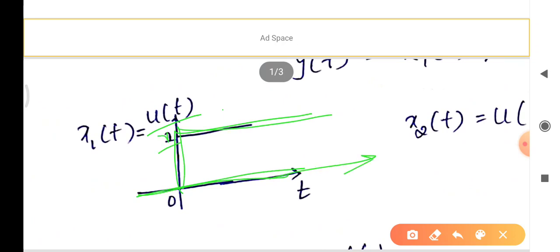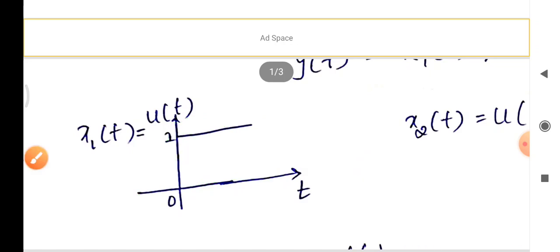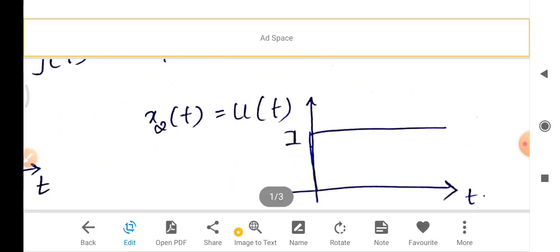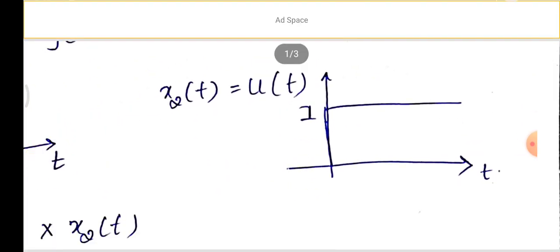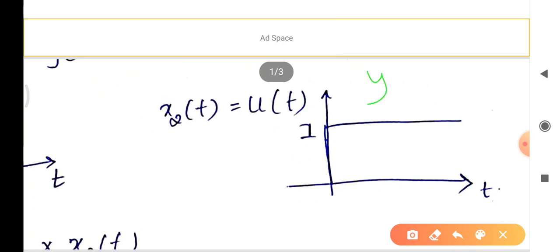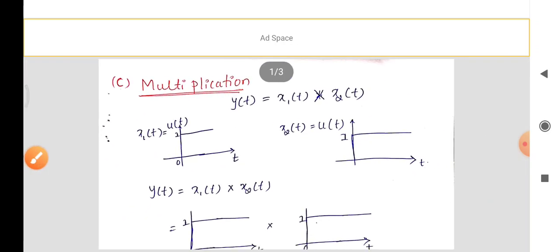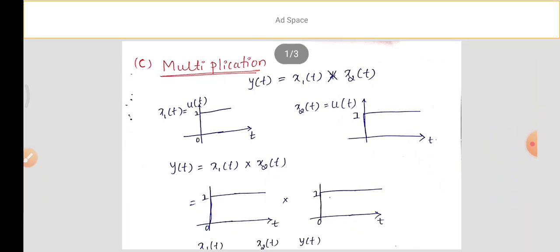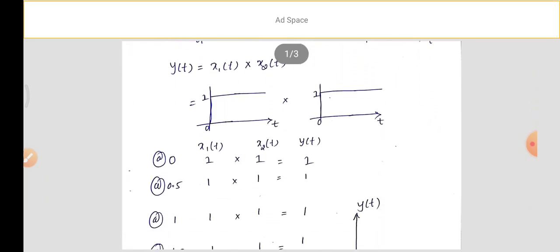So y of t is nothing but 1 into 1, which has to be 1. That we need to prove. So u of t into u of t remains u of t only. That we have to observe.